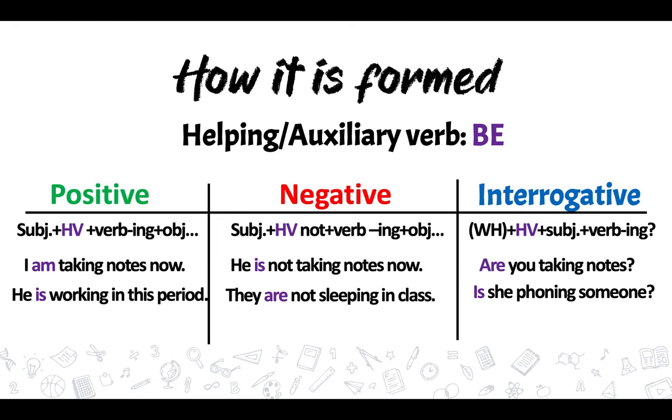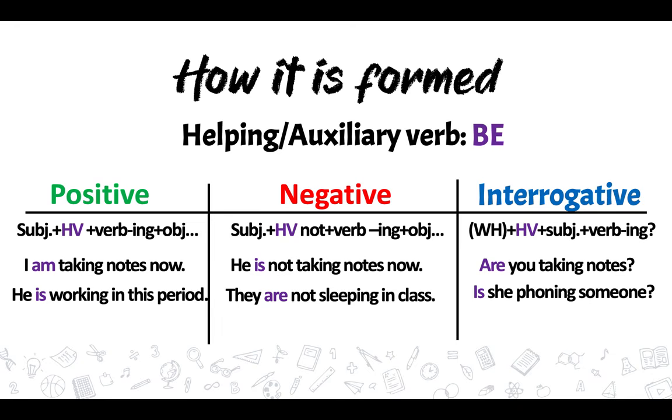So let's look at the first type of sentence. That is the positive sentence. Let's look at the formula. We have the subject. The subject can be a noun or pronoun, we said.